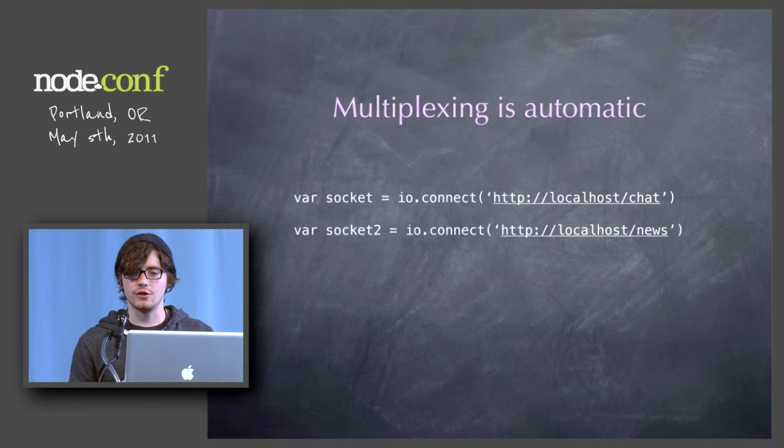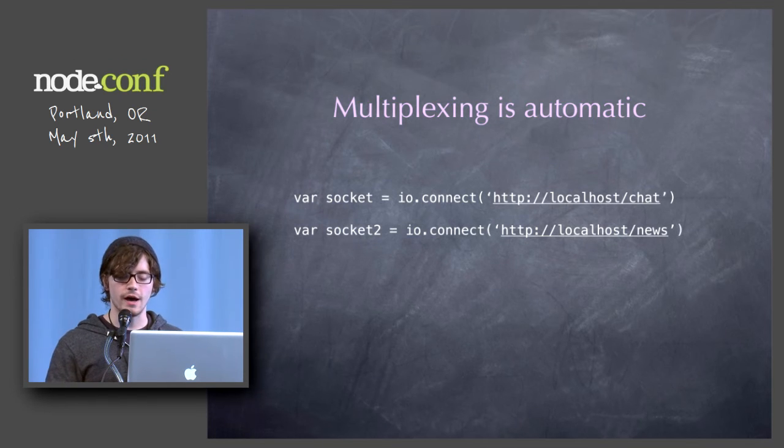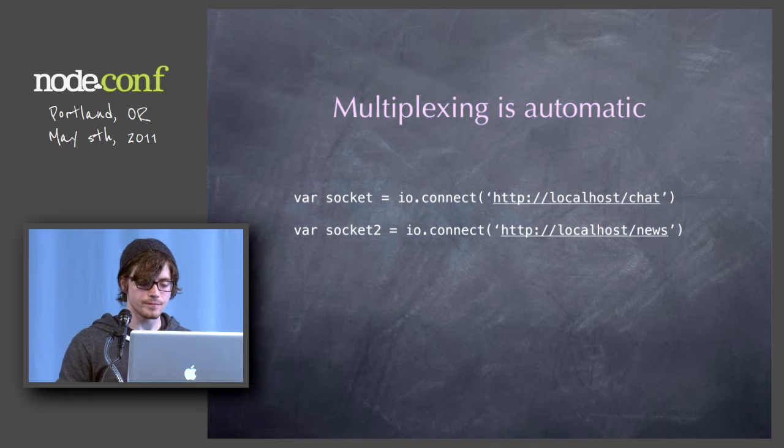If on the client side you define the same host name, the same port, and the same protocol, but you only change the resource part of the URL, then multiplexing will be enabled for you. And packets that signal connection and disconnection of these sockets will be sent, which means you can actually disconnect the chat socket and keep the news socket connected.